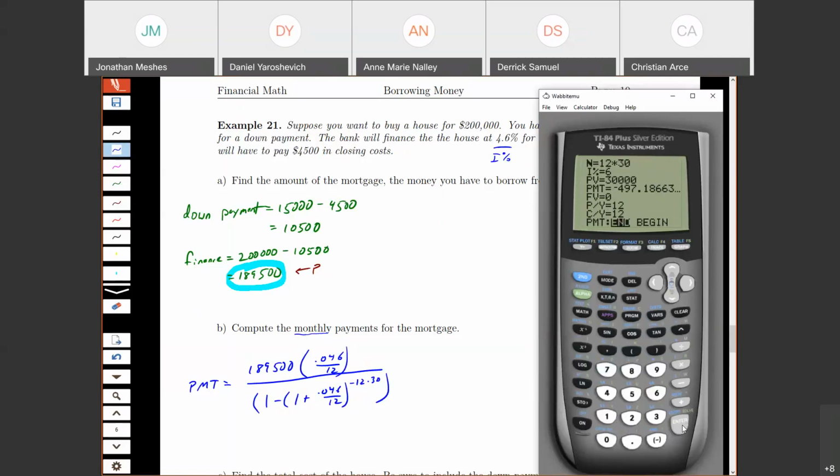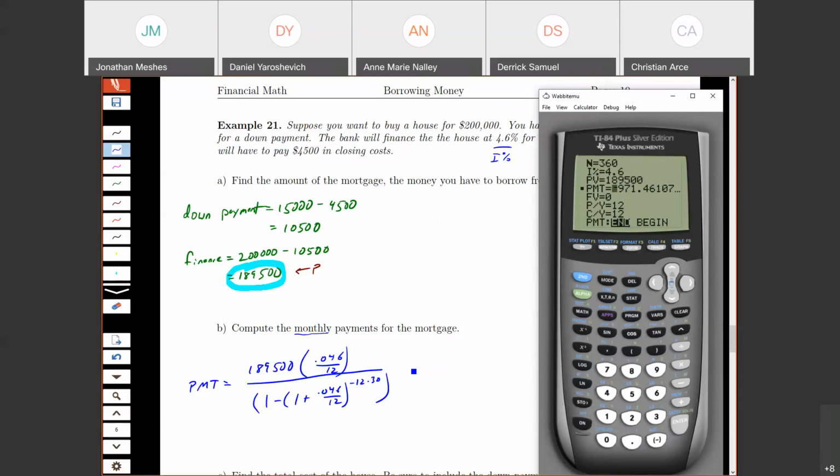Little n times t, or the total number of payments that I have to make. The interest rate is 4.6%. The amount of money that I'm borrowing is $189,500. And then I'm going to solve, right? The payments per year is 12 and the ending value of my loan is 0. So my monthly payment is going to be $971.46.